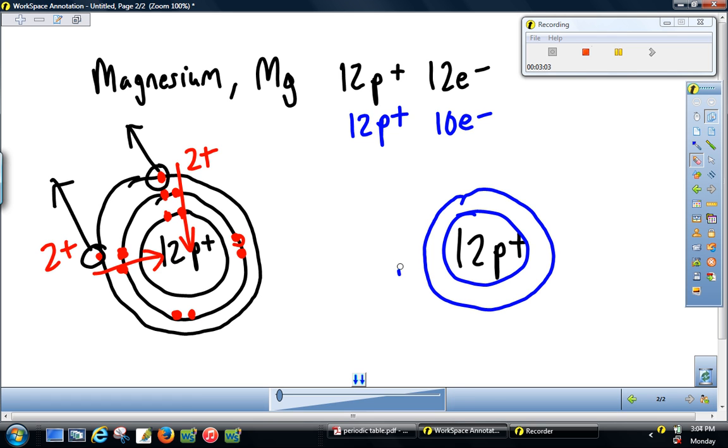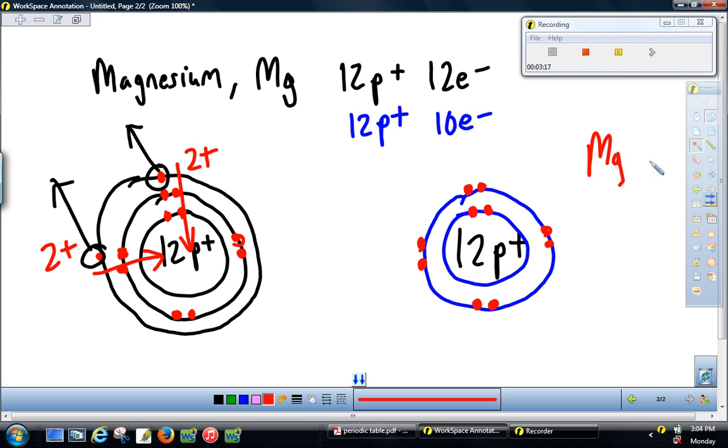Then we have a configuration just like noble gas neon: 1s2, 2s2, 2p6. Magnesium with a positive 2 charge is very, very stable. It takes a tremendous amount of energy to steal any more electrons from it.